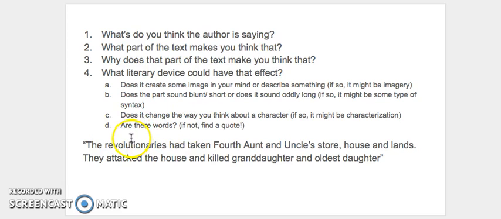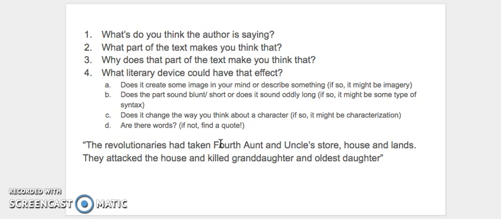So you can see that there's some very aggressive, violent diction, like taken and attacked and killed. So you could use these and say that she used aggressive or violent diction to discuss communism or her cultural context.